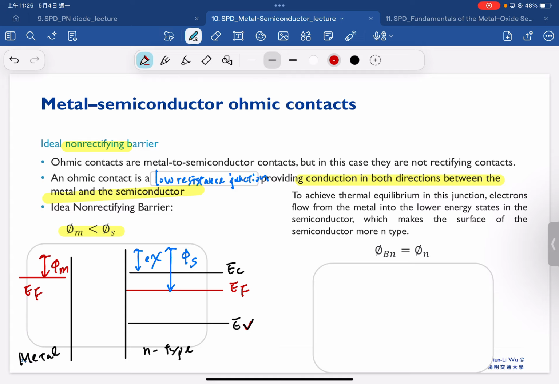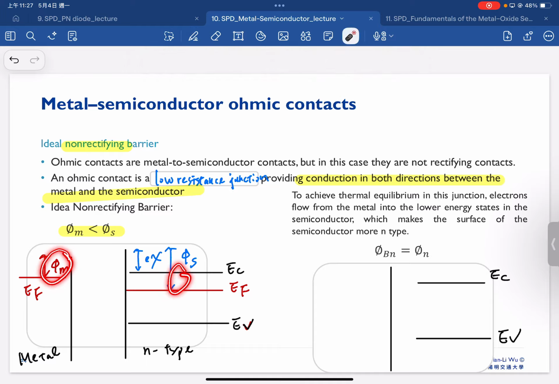So once we put these two materials together, because right now our phi m is smaller than phi s, right? So this is smaller than this.